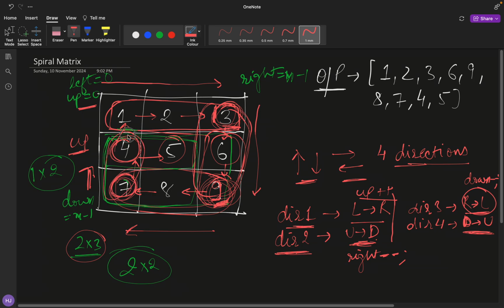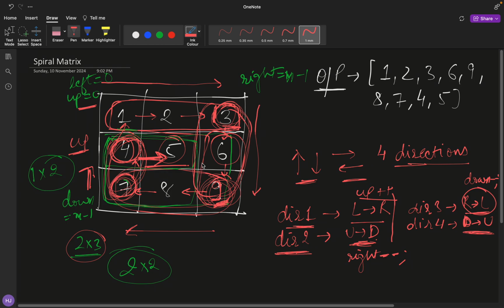After completing this traversal, 7 and 4 in the traversal, we are restarting our journey again from left to right. Obviously, as common sense, we would restart from the point where the 4 is left.